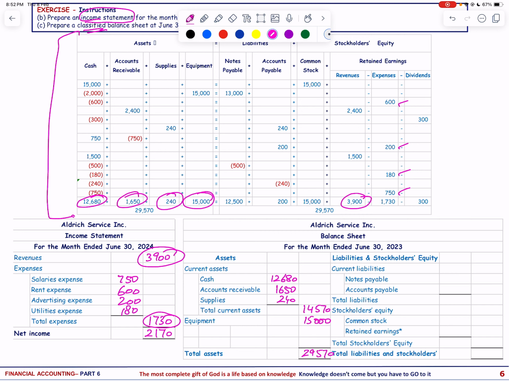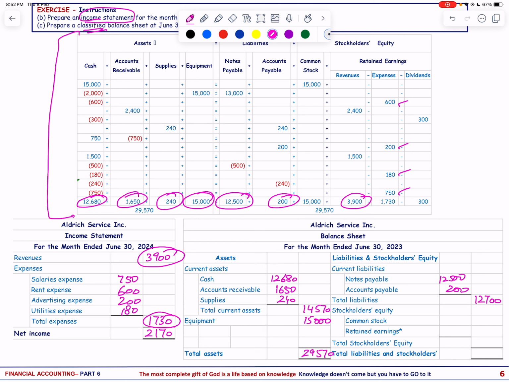Then we have the current liabilities and for this we have notes payable as 12,500. Accounts payable is 200 and the total is 12,700.